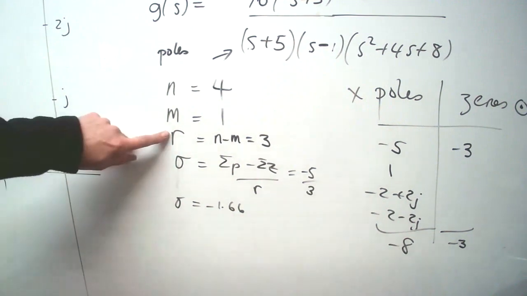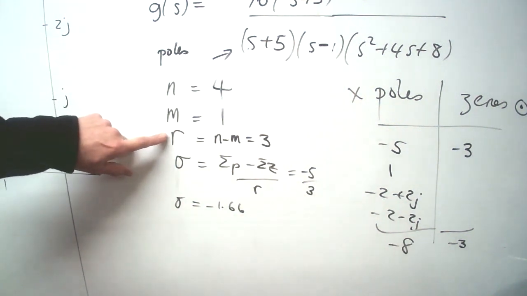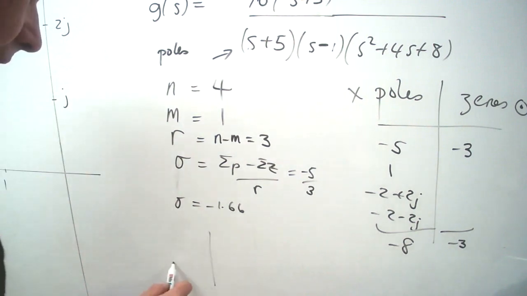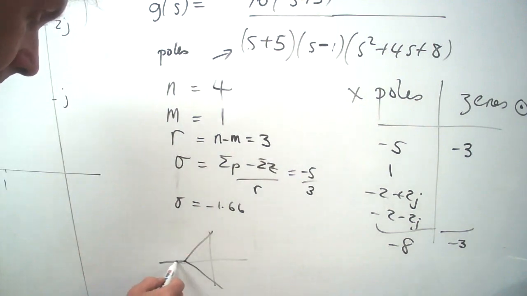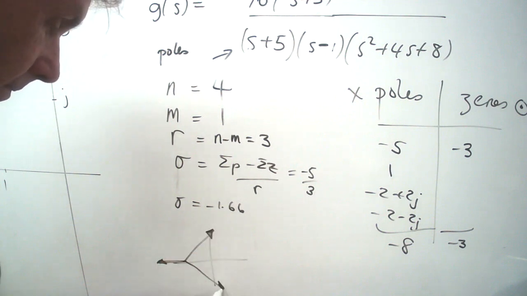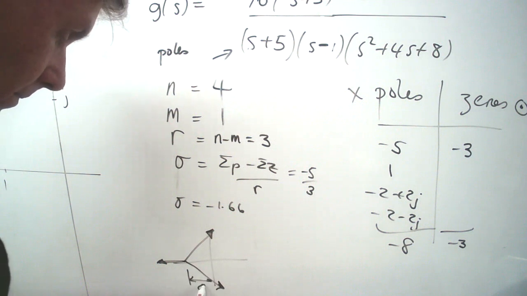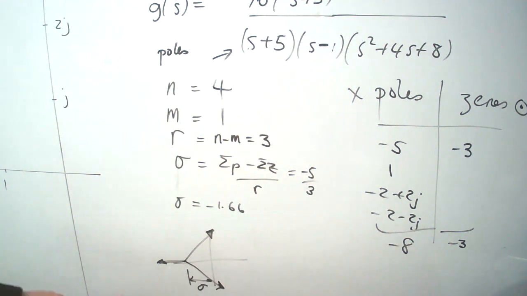Now, depending on the r number, you get things called infinite loci. For r equals 3, you get an infinite loci that looks a bit like this.